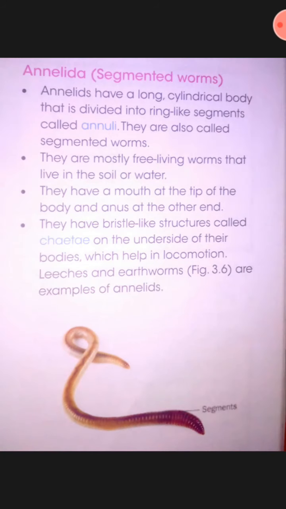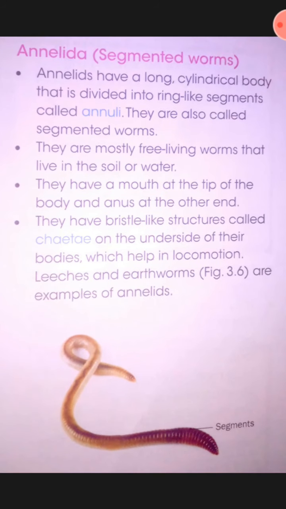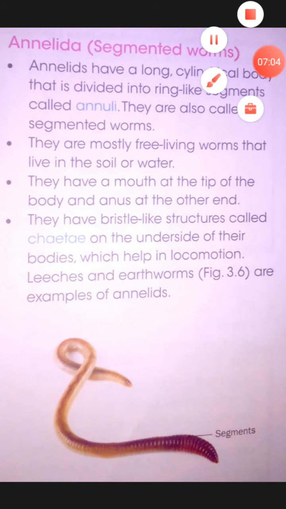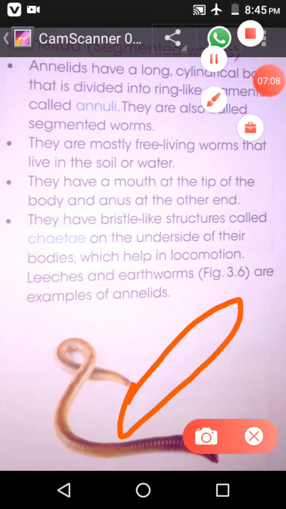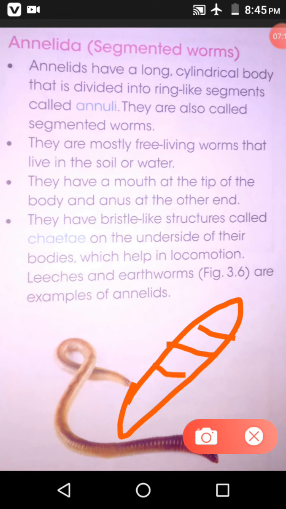Now the next phylum, Annelida. Its main characteristic is the segmented body, and the meaning of annelid is segmented. You are able to see the segments on its body. These ring-like segments are known as annuli, and they are also known as segmented worms.